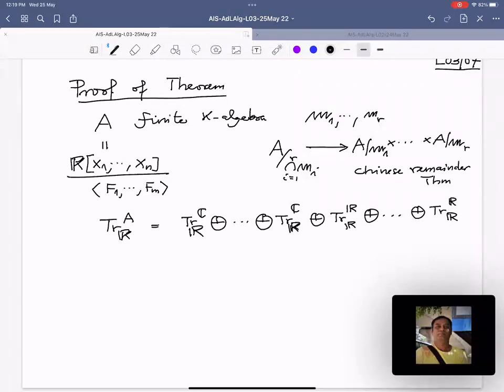And therefore, when you want to compute the type of this form, the type will be the sum of the other side.